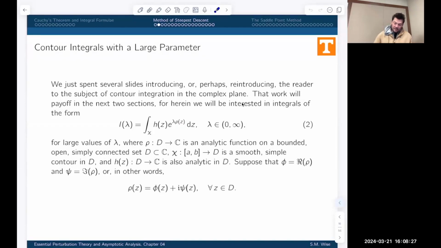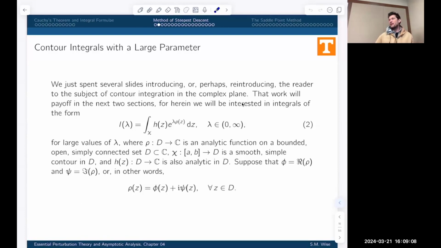Remember, I said last time we were going to write rho as phi plus i psi of z. In other words, we're going to break rho into its real and imaginary parts. The contour we're given is fixed, but the whole point is that we want to find a new contour that expresses this integral in a way that's more amenable to the techniques we've already introduced.